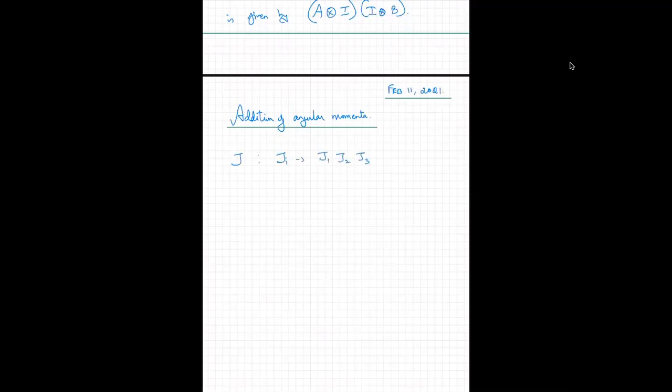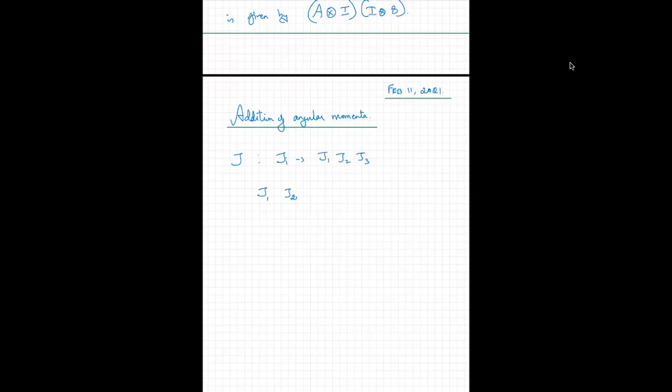Now, when I add two different angular momenta, I need to add two angular momenta that live in two different Hilbert spaces. And at the outset, I have a problem because typically I want to call them J1 and J2. But thus far, I have reserved the one subscript on J to refer to the component of J.